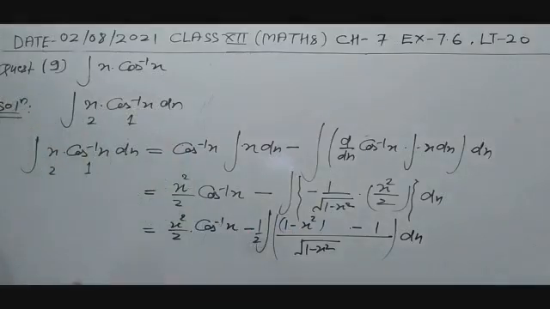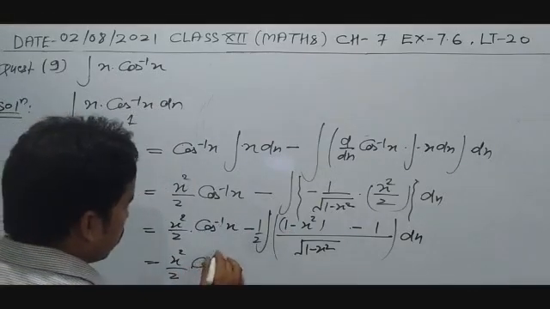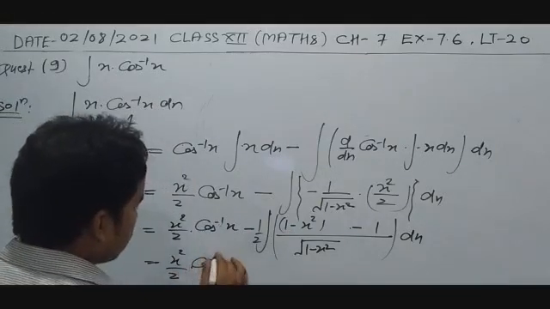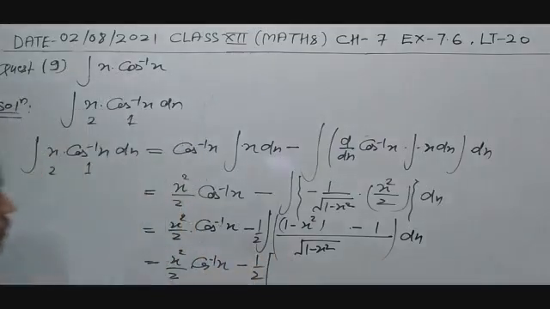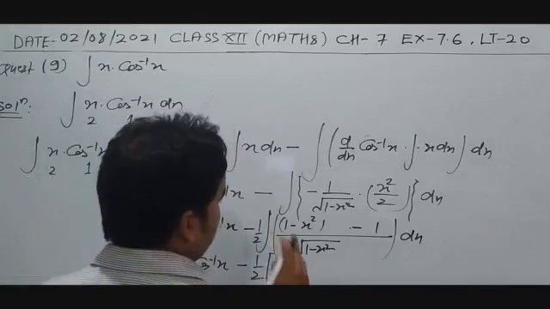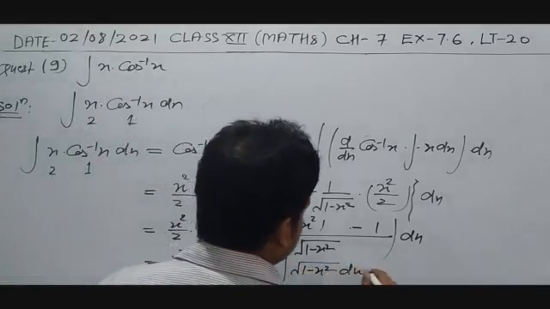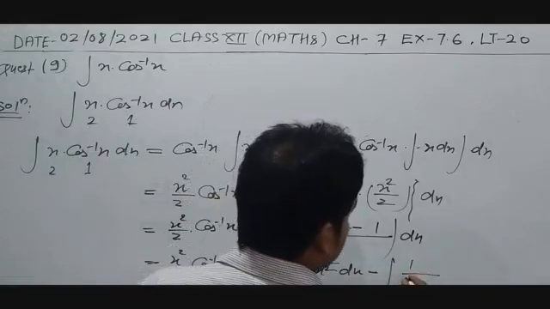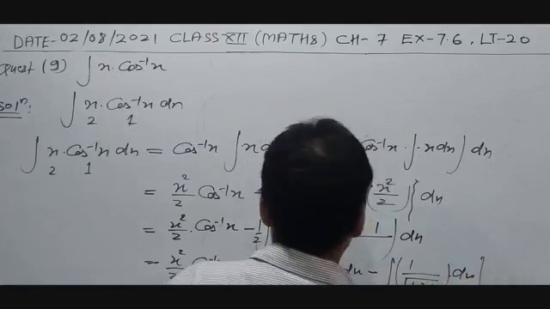Now this integral we can split: x square by 2 cos inverse x minus 1 by 2, this integration part we can write as root over 1 minus x square dx minus 1 upon root over 1 minus x square dx.